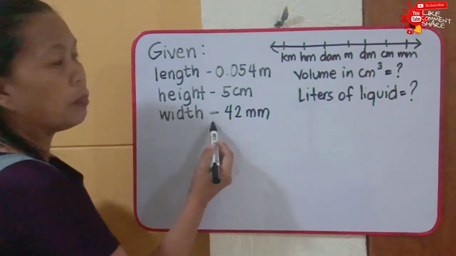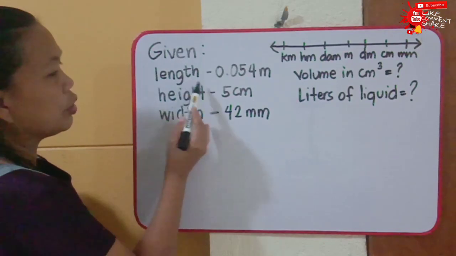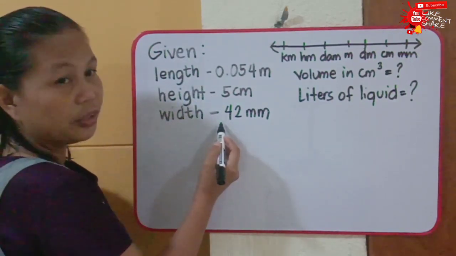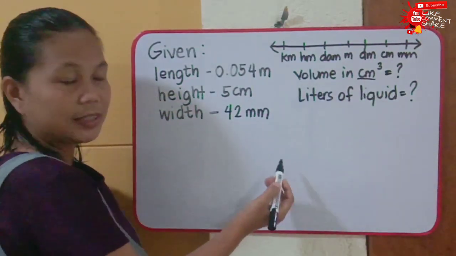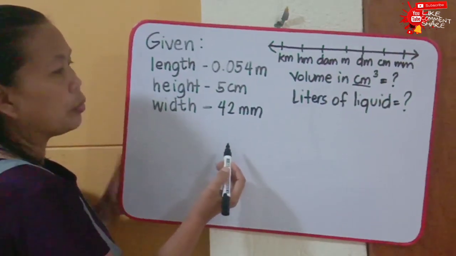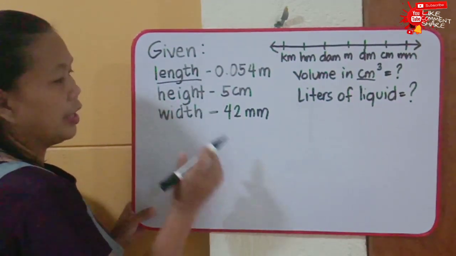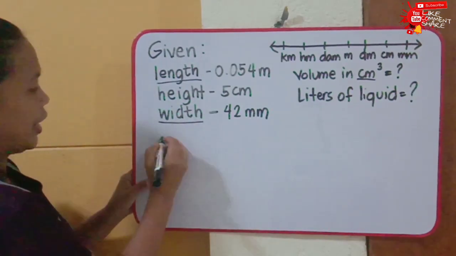Now, to solve for the volume of the rectangular prism, we need to convert all of these measurements to 1 unit. Since the problem is asking for cubic centimeter, we need to convert length to centimeter and the width to centimeter.